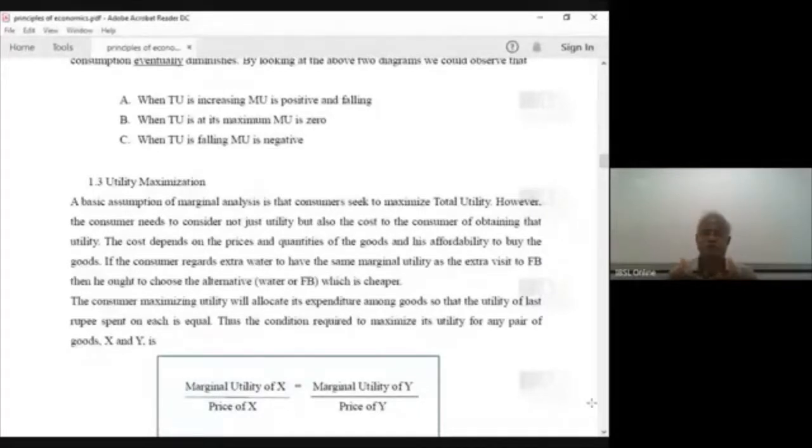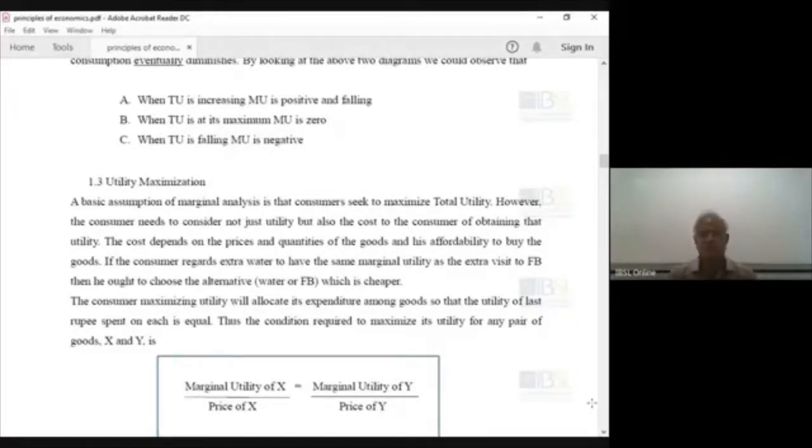Because water is cheap. Suppose 1000 liters of water and 1 extra hour of FB give him the same marginal utility, then how to choose? He will think about the cost. Water is free, therefore I will go for water, even though marginal utility of the extra hour and extra 1000 liters is the same.